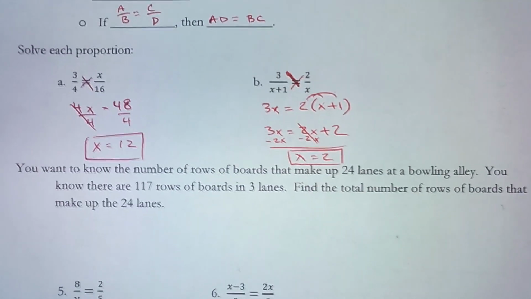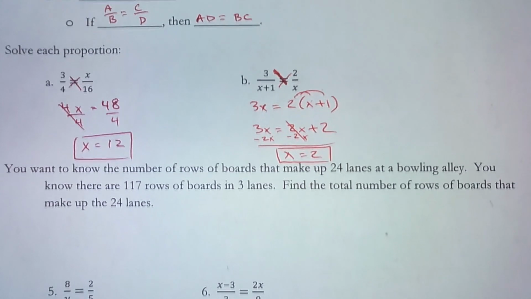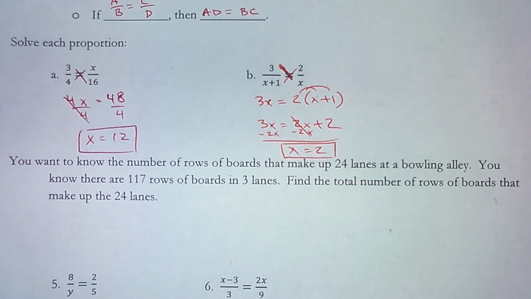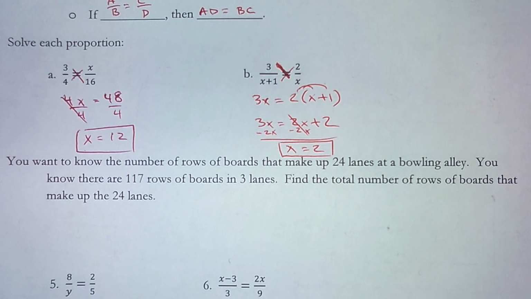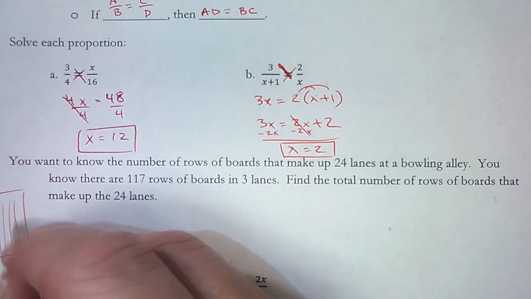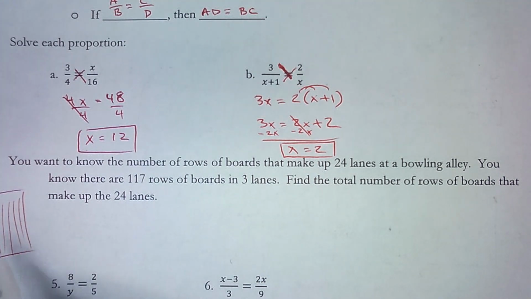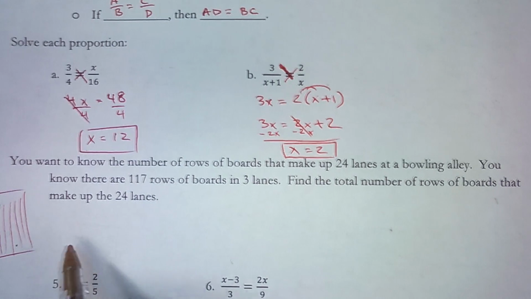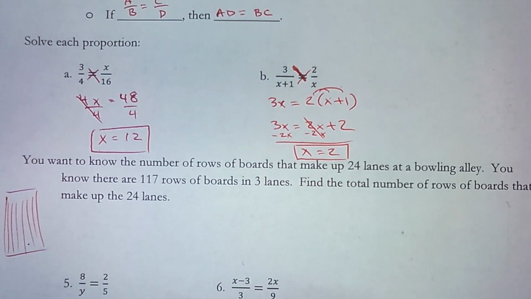Okay, now let's apply that. You want to know the number of rows of boards that make up 24 lanes at a bowling alley. A bowling lane has all these different rows of boards in it, and we want to know how many rows of boards it takes to make up the 24 lanes at a particular bowling alley. If you start just counting these boards, you're going to get pretty tired of counting.